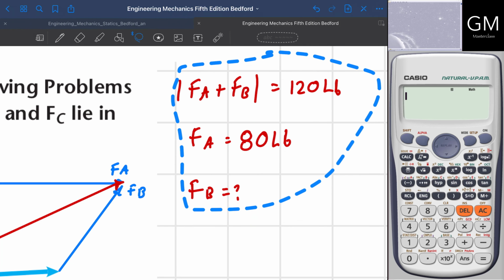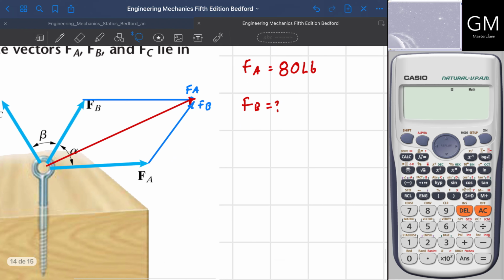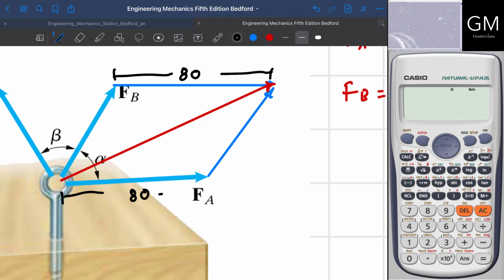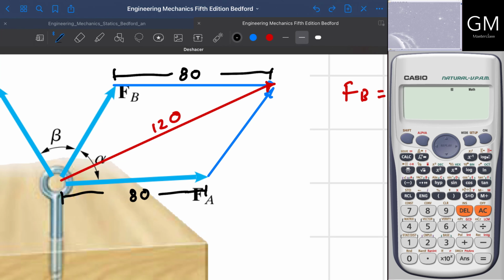I'm going to move this a little bit, and I'm going to delete this because I'm going to start drawing on the diagram, so I need the space. So this is equal to 80, this is equal to 80, and this is equal to 120. And I need the value, or the magnitude, of FB.